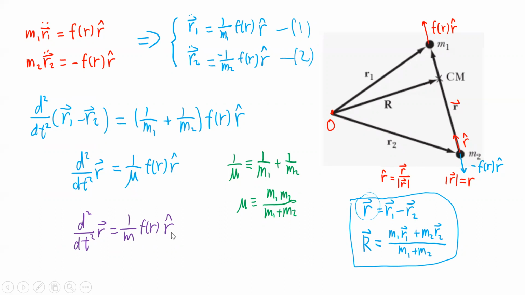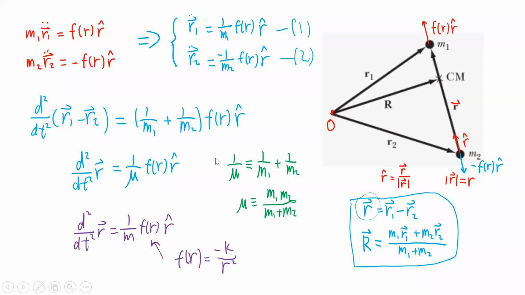At least for the case when f of r is given by minus k divided by r squared. At least this is the case that we know how to solve, and that's why we can solve this problem over here.